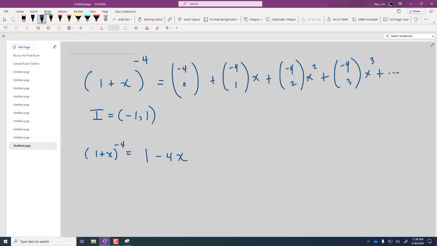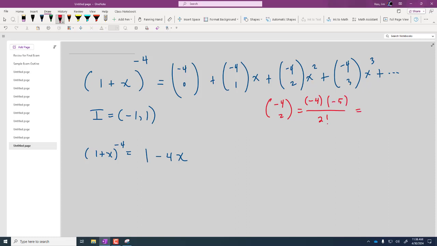Now we have two of these that we've got to figure out. So -4 choose 2, we're going to start with -4, and subtract 1 and get -5.